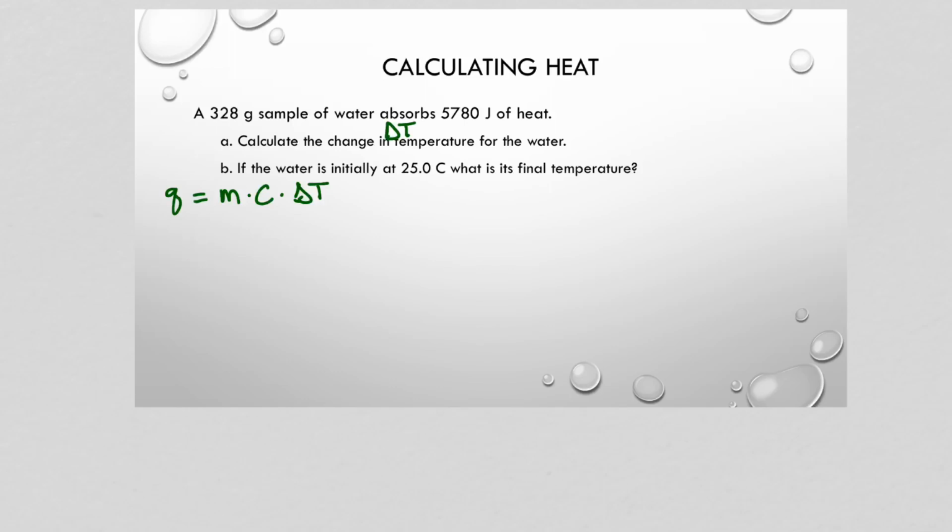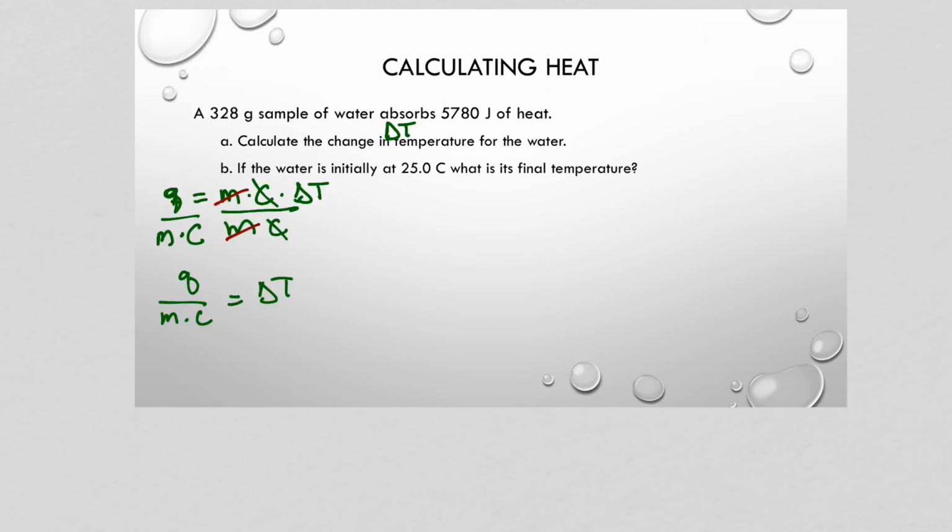So if we divide both sides by M, the M's cancel out here. If we divide both sides by C, the C's cancel out here. And so what we end up with is Q divided by M times C equals delta T.